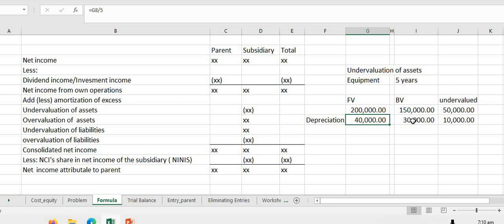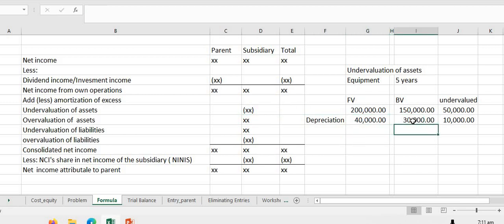So in the preparation of the consolidated financial statement, the depreciation expense should be increased by 10,000. Since the expenses of the subsidiary is understated, therefore its net income is overstated. That's why we are to deduct any undervaluation of an asset.